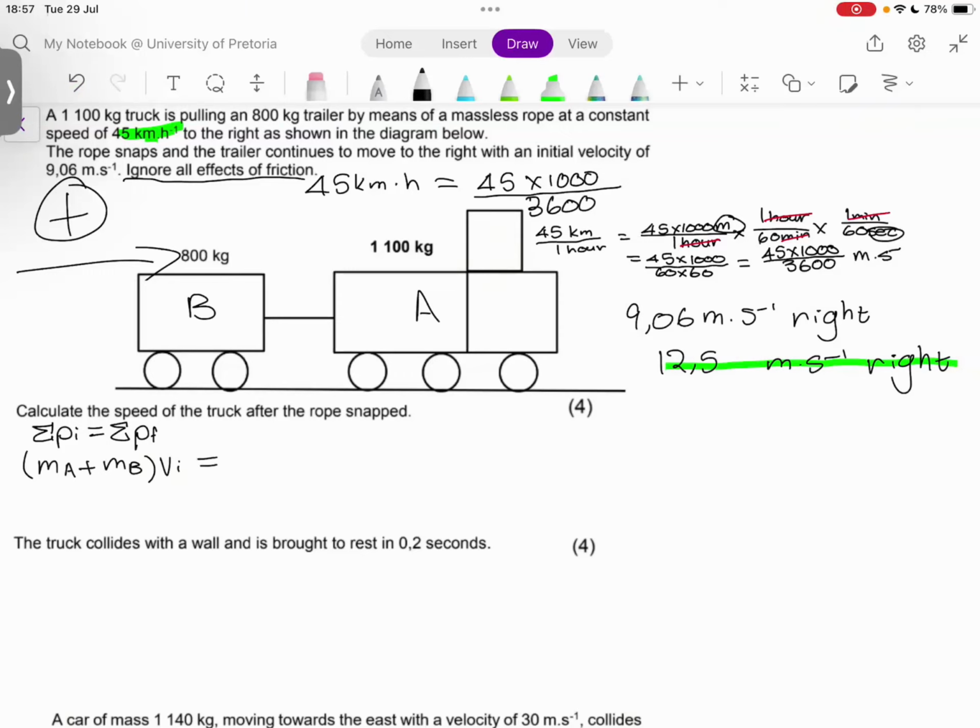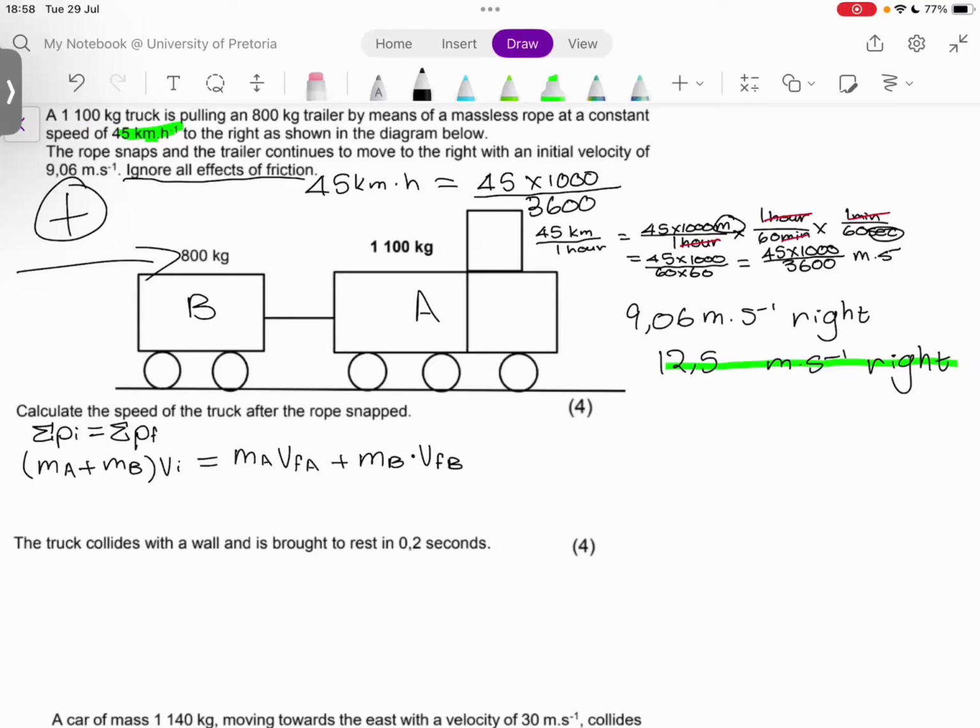On the right side of the equation, we then have the mass of A times the final velocity of A plus the mass of B times the final velocity of B. The objects have a different velocity after the rope snaps, and that's what we are currently calculating. Cool. From here, we have to isolate our variable of interest, which is the speed of the truck after the rope snapped.